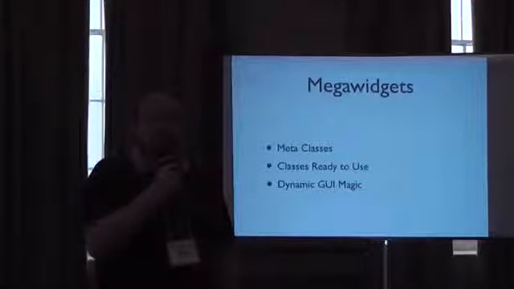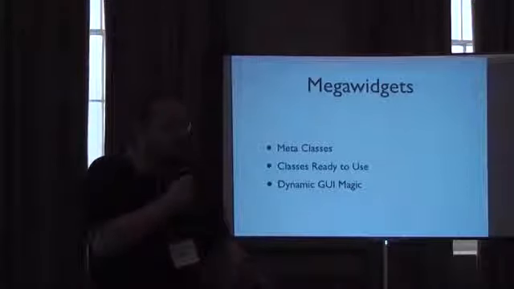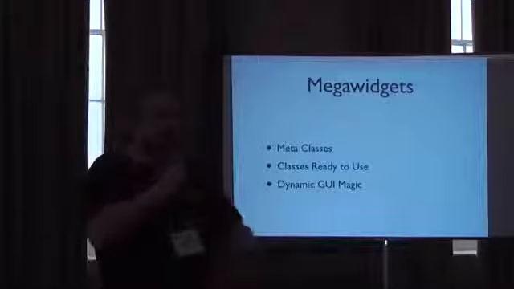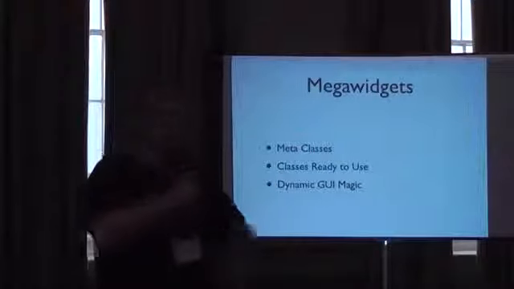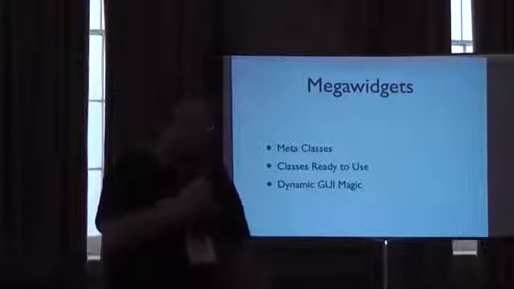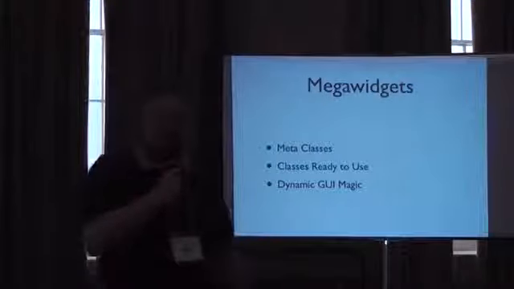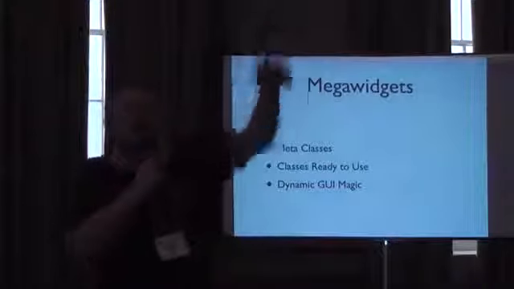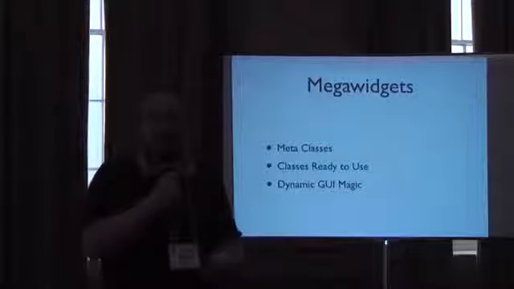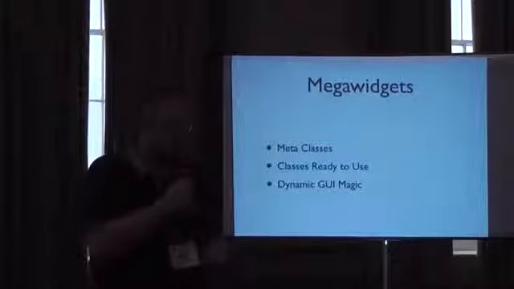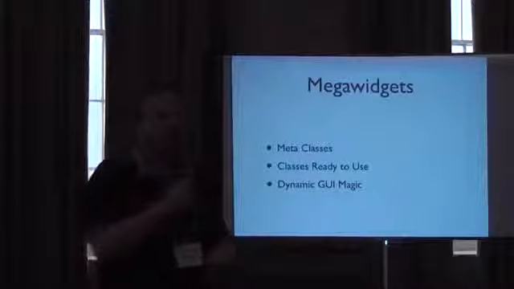Mega widgets are most of the reason why we have put in all these mechanisms up until now. So this is kind of a show and tell of some of the stuff that I've implemented so far. There's basically 3 different types of mega widgets.